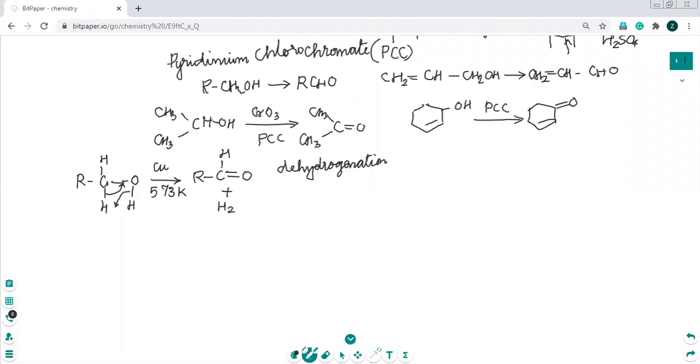So you can convert ethanol into acetaldehyde by this method. That is the second method of making aldehyde and ketone.